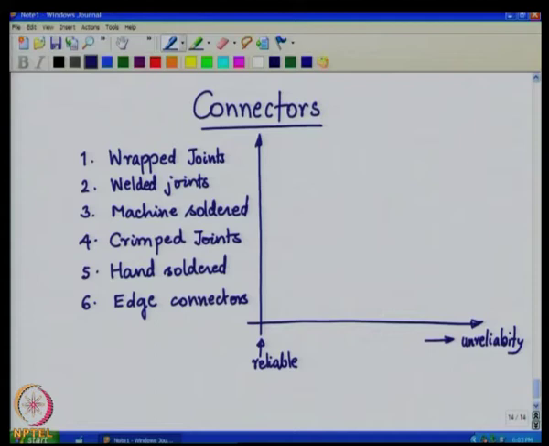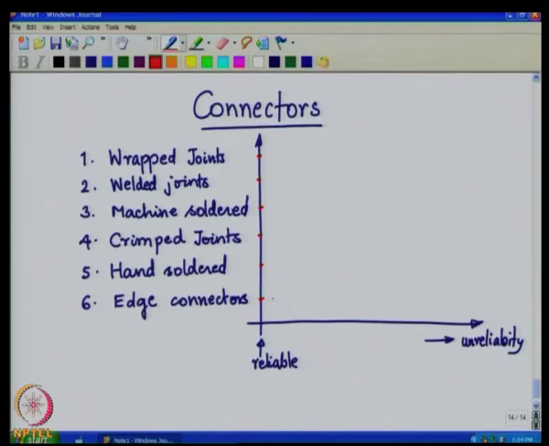Now, if you look at these connectors, the common connectors that you would encounter in almost all the PCBs, and look at what is the reliability relatively.